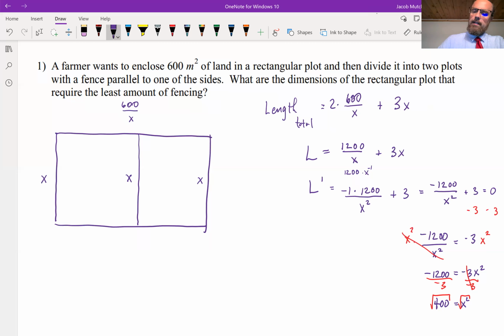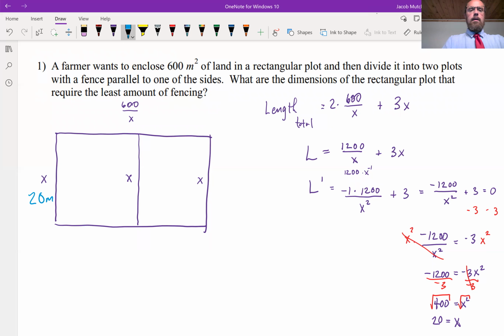And we get that x equals plus or minus 20. We'll throw out the minus version since we're talking about length or distance. It's got to be positive. And so what we see here is that our dimensions are going to be 20 meters. That's my x.